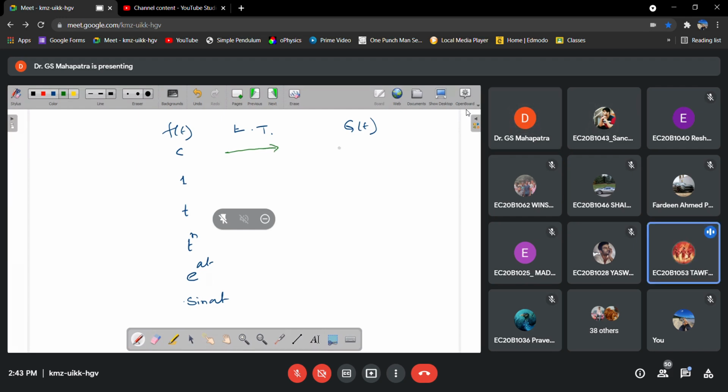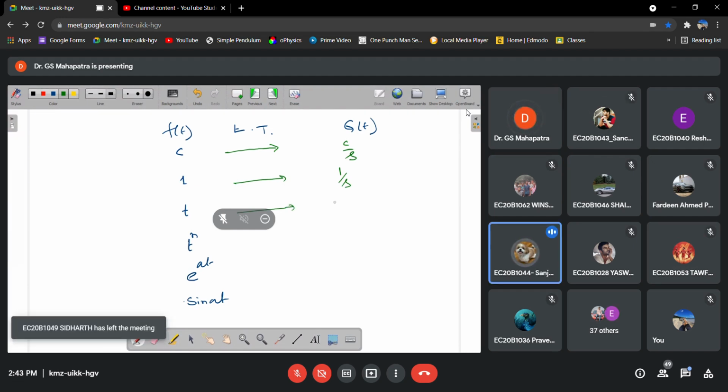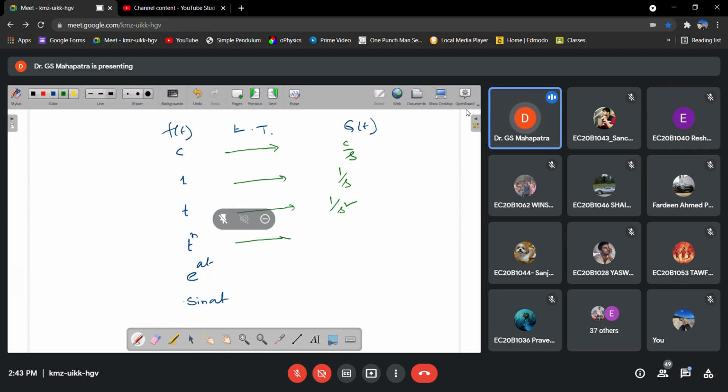The Laplace transform of c is c by s. Next, 1 is 1 by s. Next, t is 1 by s square. Next, e to the power at is 1 by s minus a.